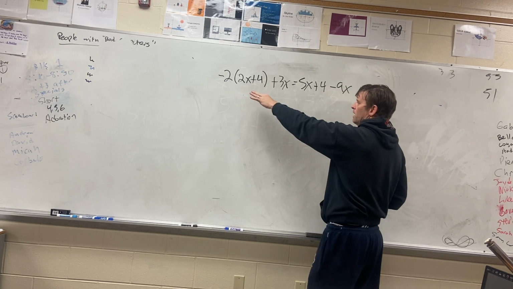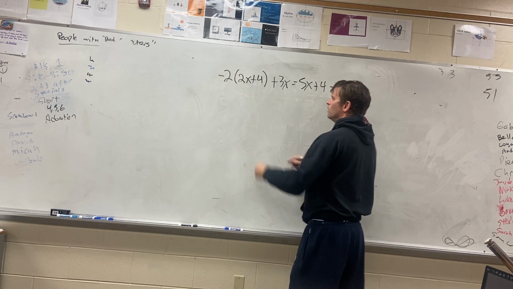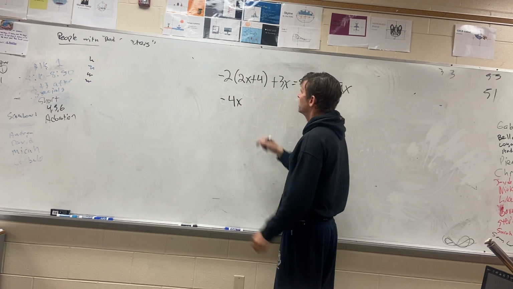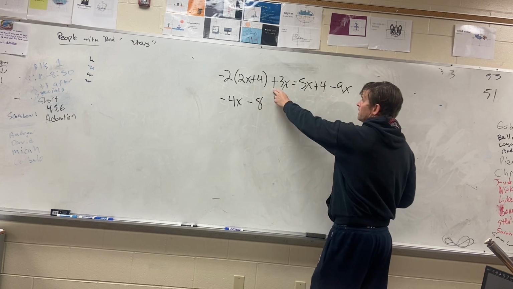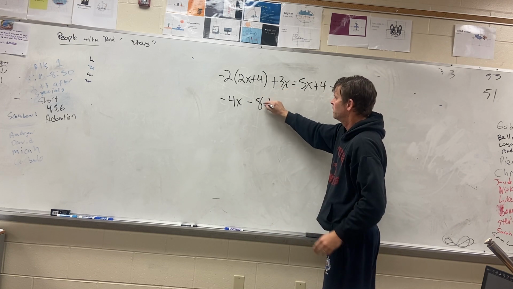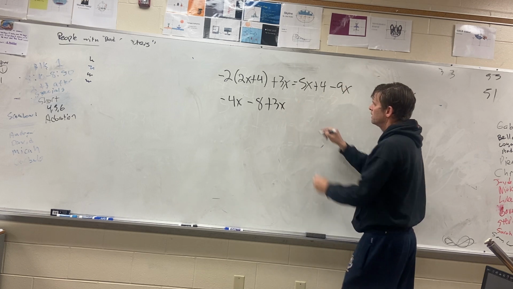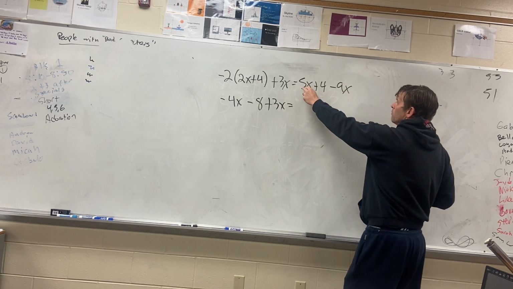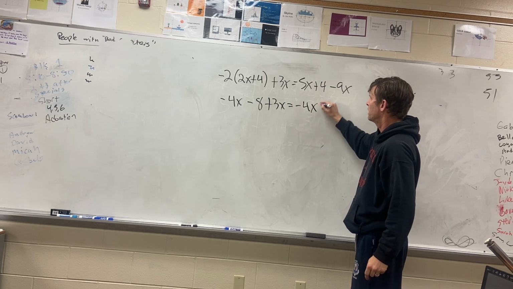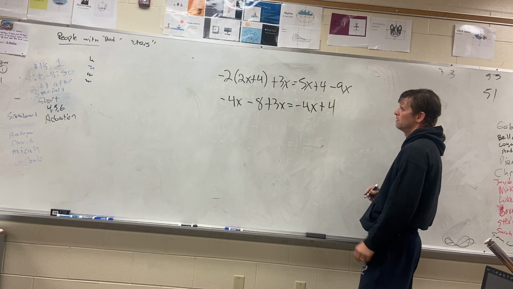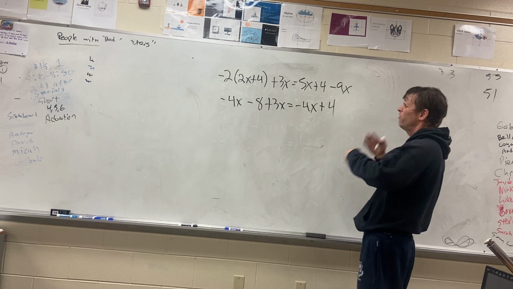Let's look at the left side. Negative 2 times 2x, negative 4x. Negative 2 times 4, negative 8. This guy has to wait. Just plus 3x equals, go ahead, write it down, 5x and a bad 9x, that's negative 4x, and then we got a plus 4. Keep simplifying. Don't fling around yet.